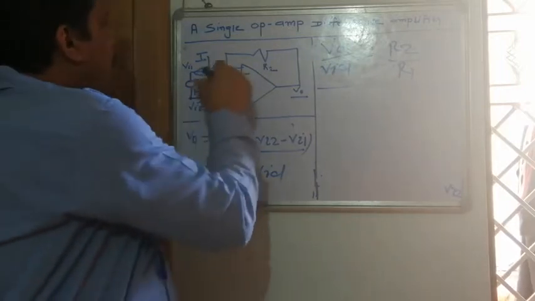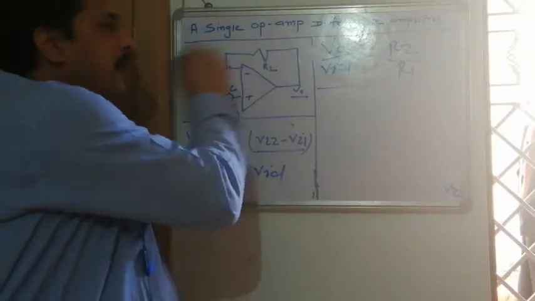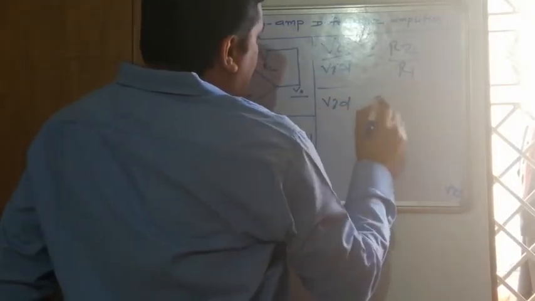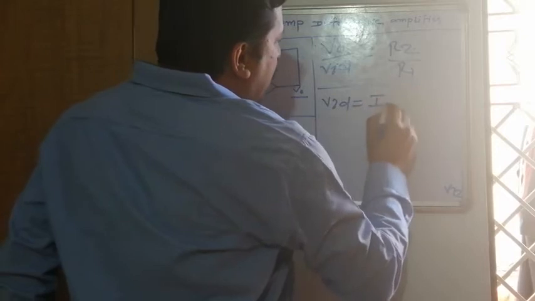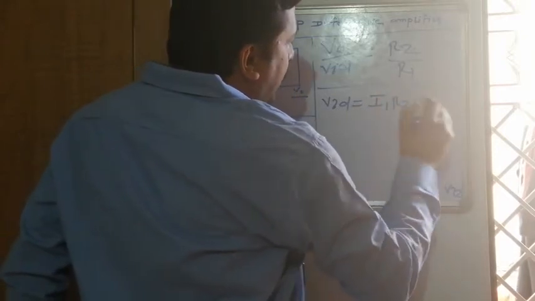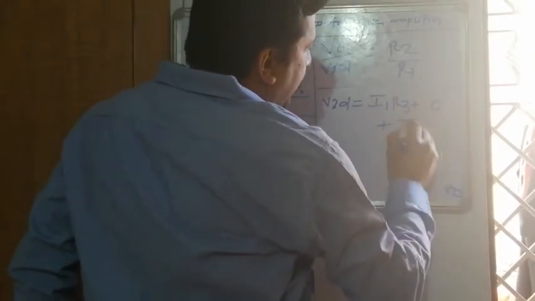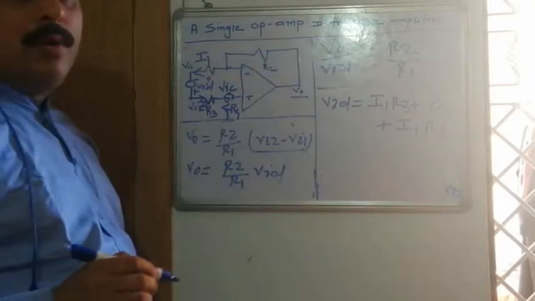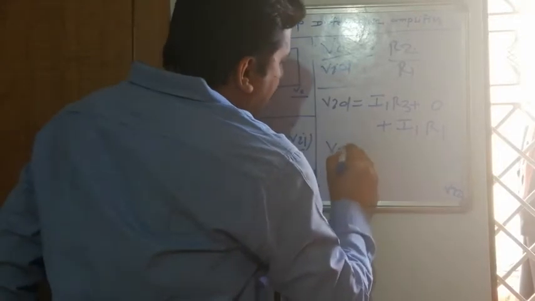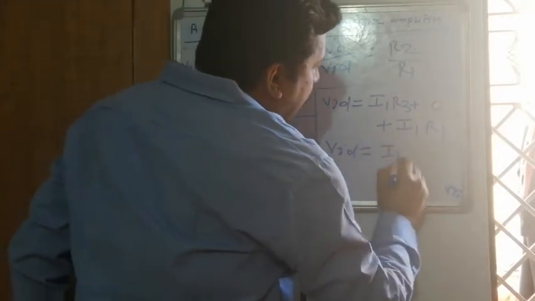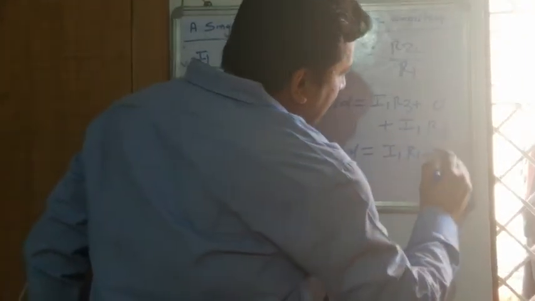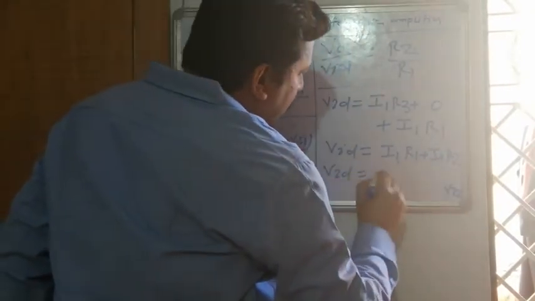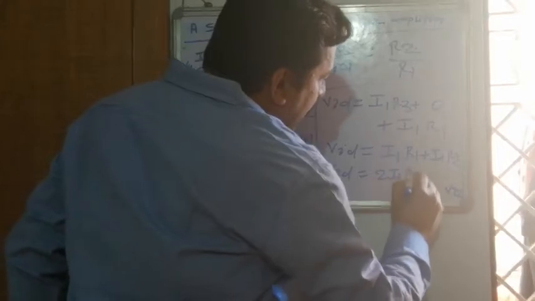So if I apply KVL in this loop, we can write VID is equal to I1 R3 plus 0 plus I1 R1. Here we have applied the condition R1 equal to R3. So VID equals I1 R1 plus I1 R1. So VID is equal to 2 I1 R1.